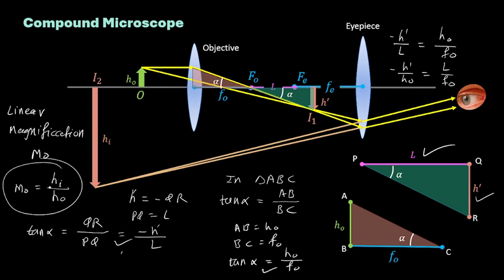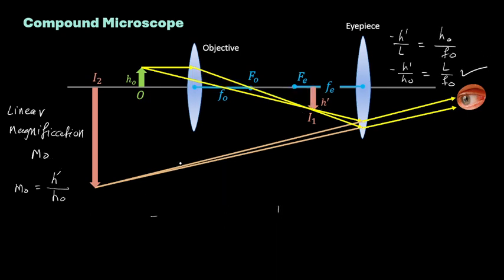One mistake made here. For a linear magnification produced by an objective, the image size is referred to as H dash, because this is the image produced by an objective. So we have to write H dash here. We delete HI. From this equation, we obtain H dash upon HO equal to negative L upon FO. And H dash upon HO is just the linear magnification produced by an objective.